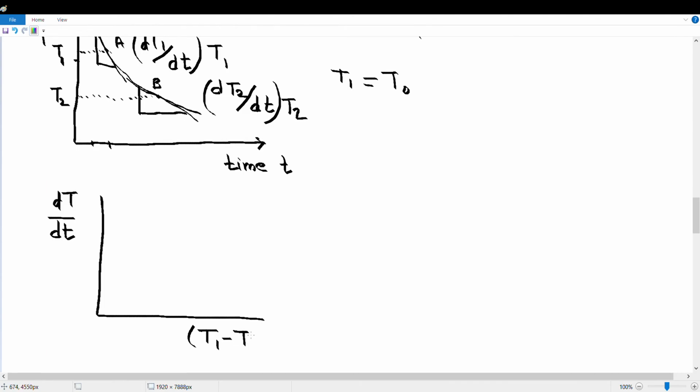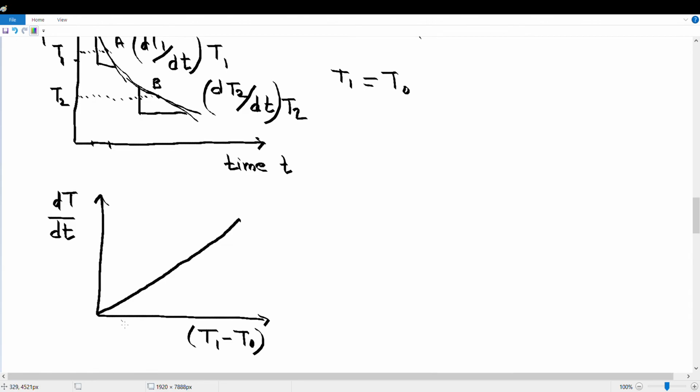The temperature at that instant minus the temperature of the surrounding. Then the graph is a straight line passing through the origin.